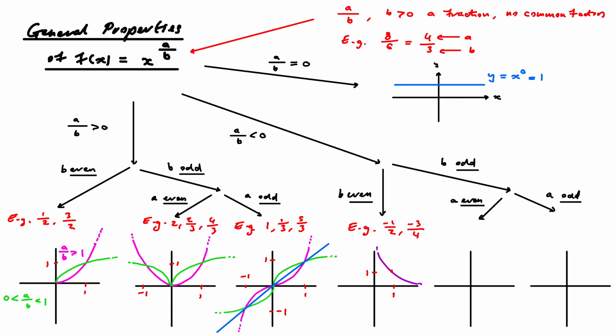Next one, if A is even and B is odd, well, it's the same thing, but now the A even makes it an even function. But just before I do that, here are some examples. You could have -2/3. You could have -2/1? That's perfectly reasonable. So it would be x to the -2, so 1/x squared. So that may be one you've seen before.